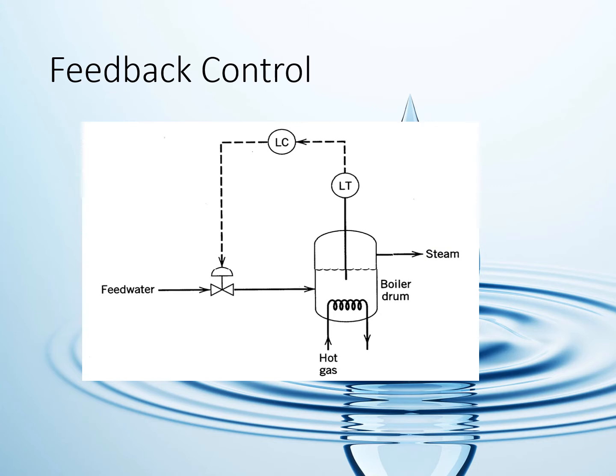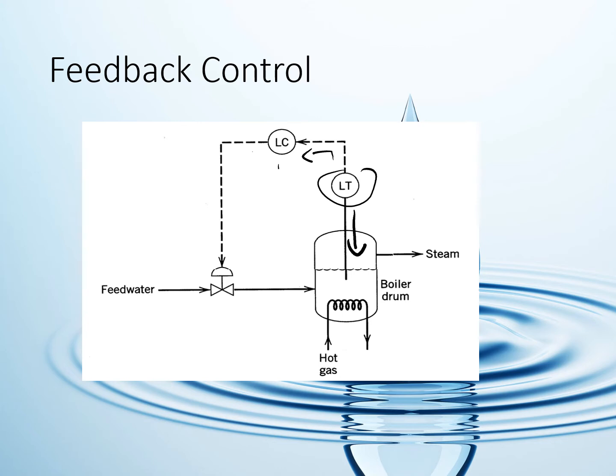Okay, this is the diagram for the feedback control. We can see here the feedback control will measure the process variable or control variable inside, and then it will send the information to the controller.